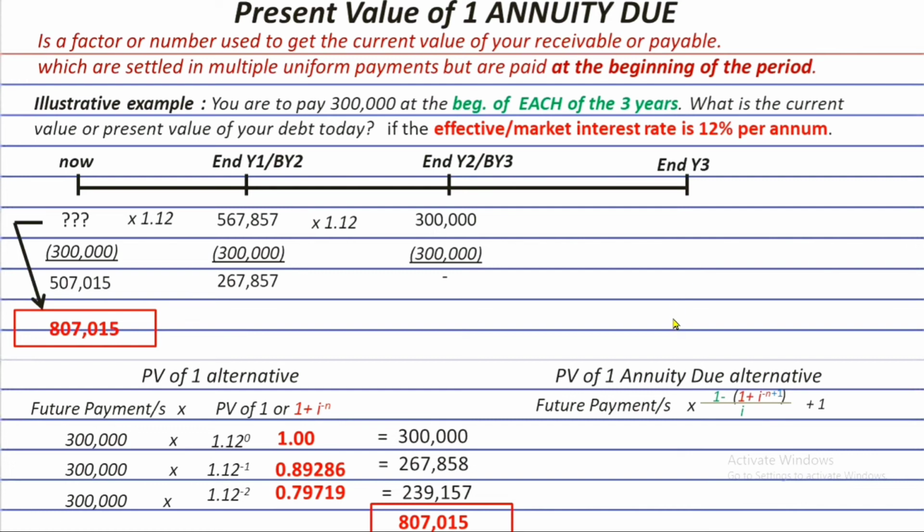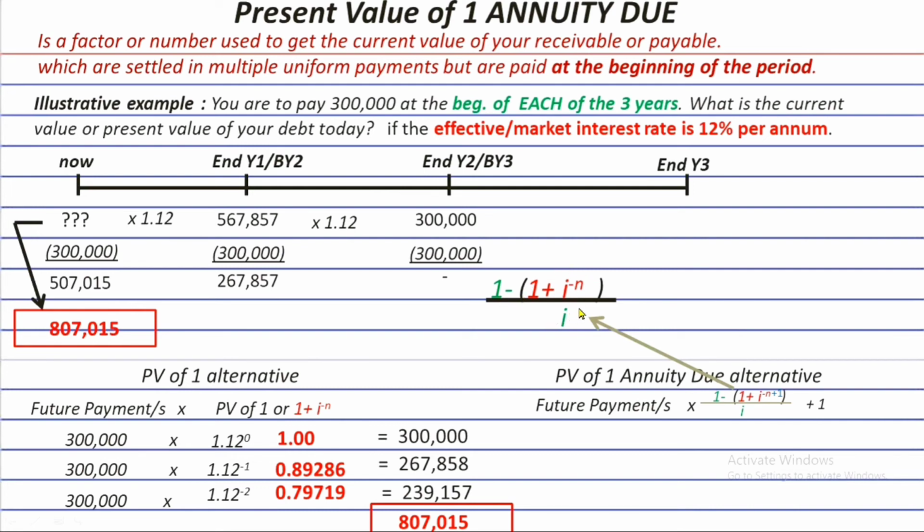So again, let's repeat those but in bigger fonts already, okay? So 1 plus i raised to the power of negative n is for the present value of 1, right? And then add this 1 minus here and this over i, then we will have the present value of 1 ordinary annuity factor formula.